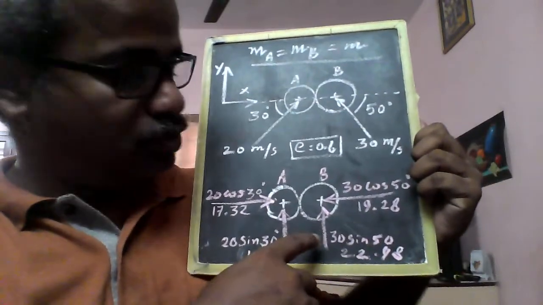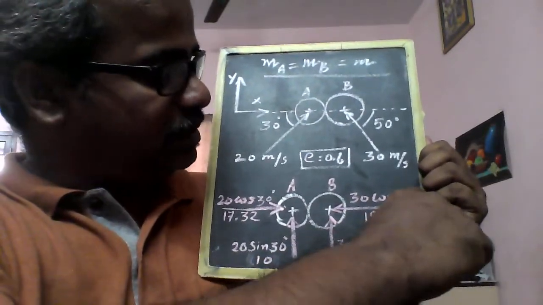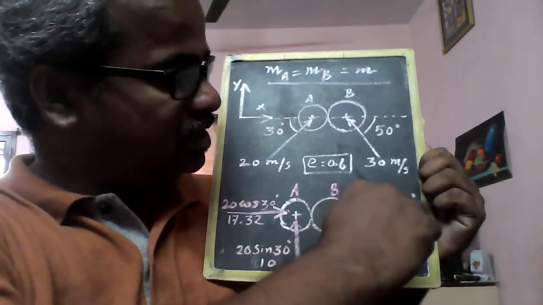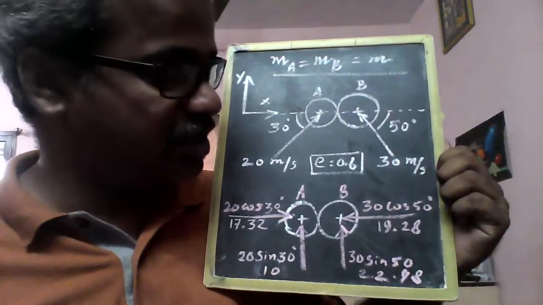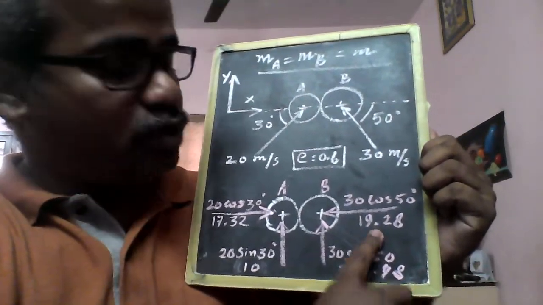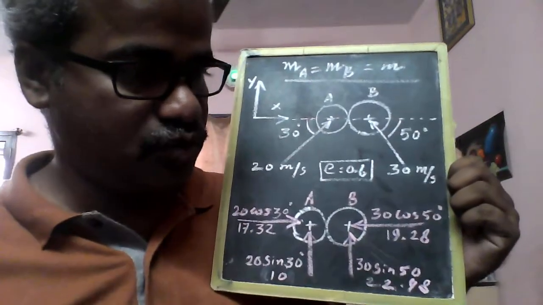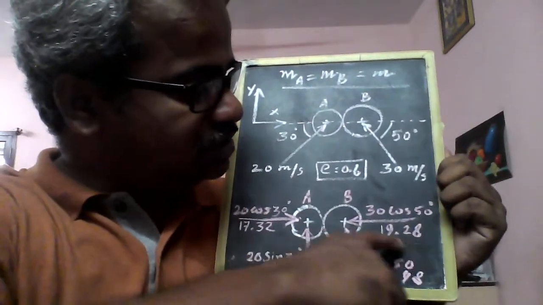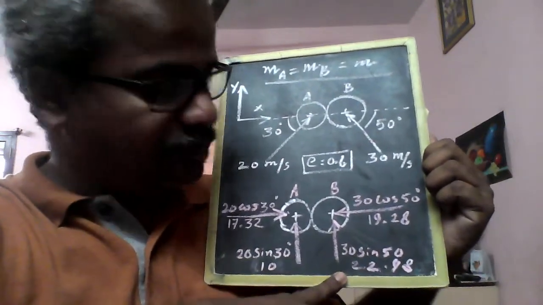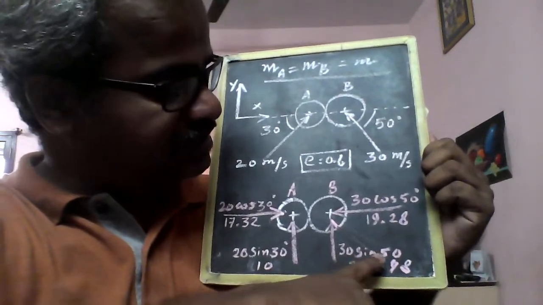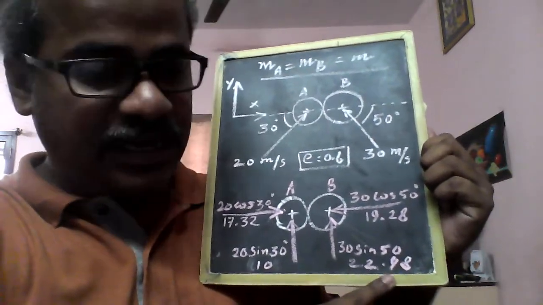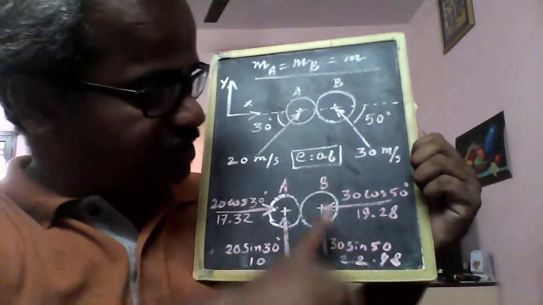For body B, the horizontal component is in the negative direction, 30 cos 50, whose value is 19.28, moving in the negative direction, so minus 19.28 you have to give. Then the vertical component of body B, 30 sin 50, is 22.98.